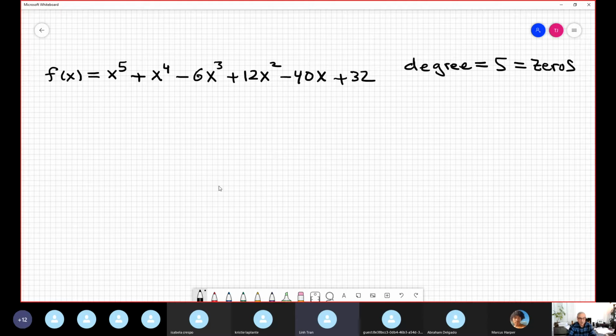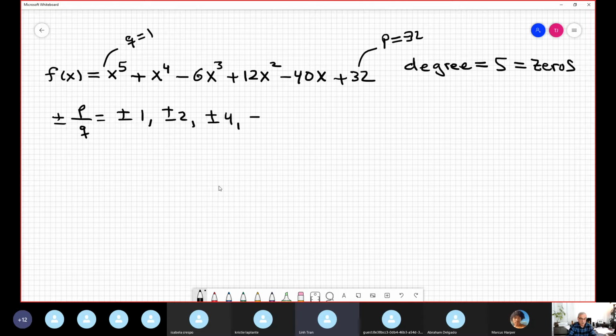The order is not important, but I prefer using plus or minus p divided by q. Who is p? P is 32. And q is 1. When q is 1, then only the combination for p matters. The factors of 32 are plus or minus 1, plus or minus 2, plus or minus 4, plus or minus 8, plus or minus 16, wow, long, and plus or minus 32.